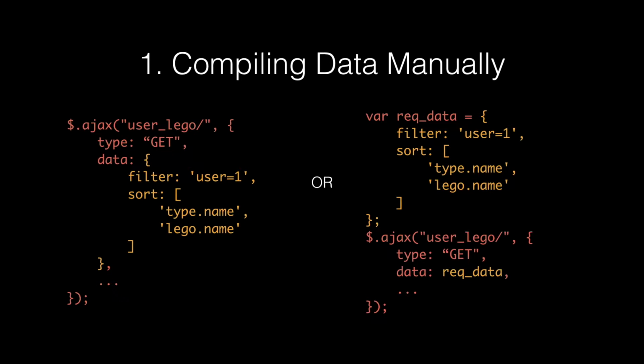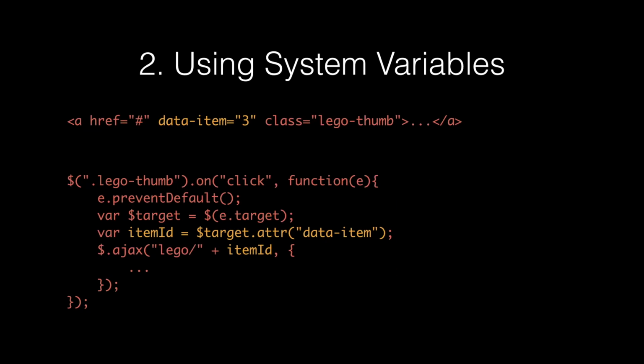The only difference between the two sides is that on the left side, I create that object inline right there at the data property. On the right side, I create my object ahead of time and store it in the reqData, probably short for required data or request data. And then when I make the AJAX call next, I just pass that variable in instead of the whole object on the left side. So two different examples.